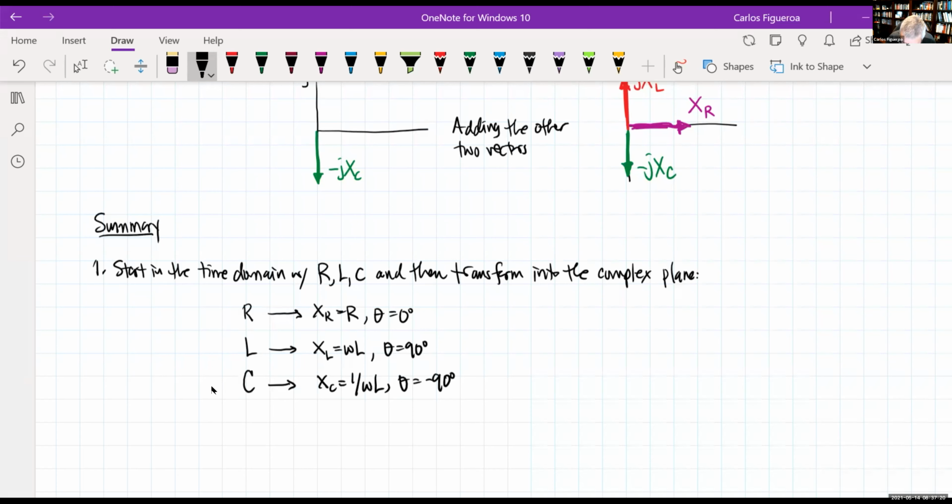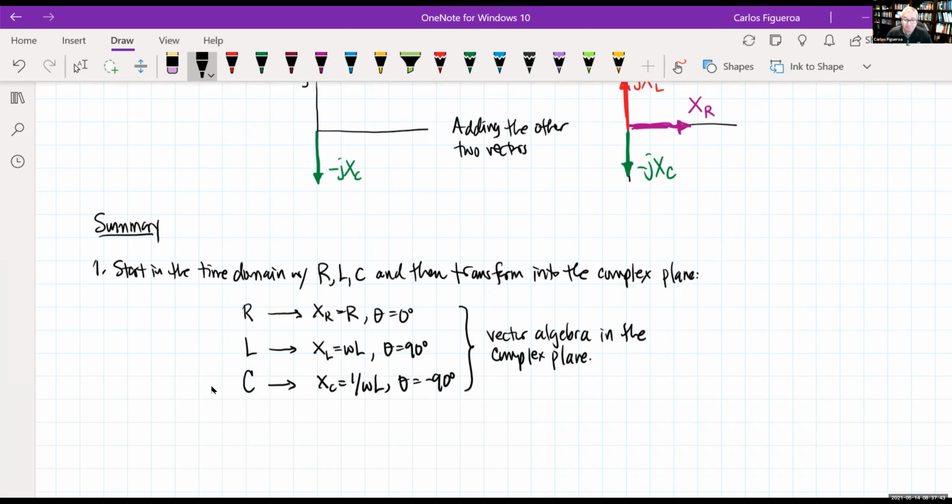So now we're essentially going to be doing vector algebra in the complex plane, and I literally mean vector algebra.